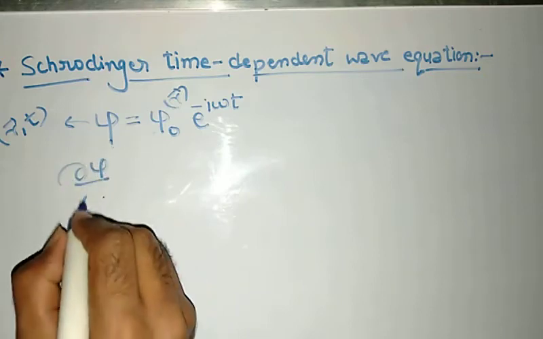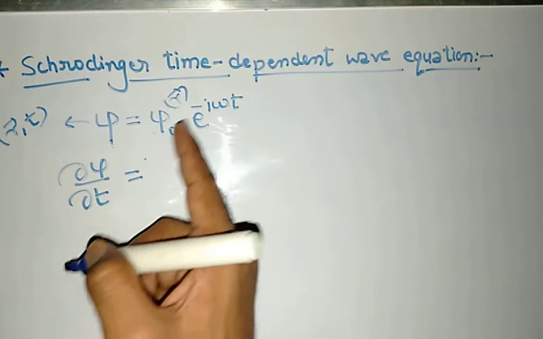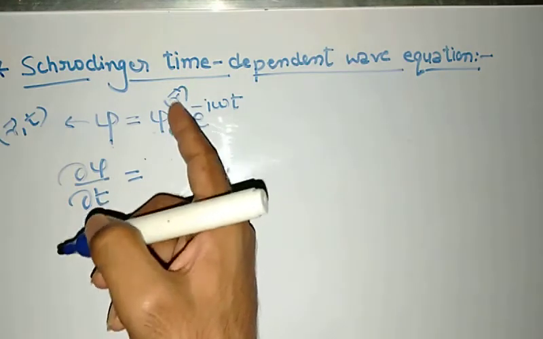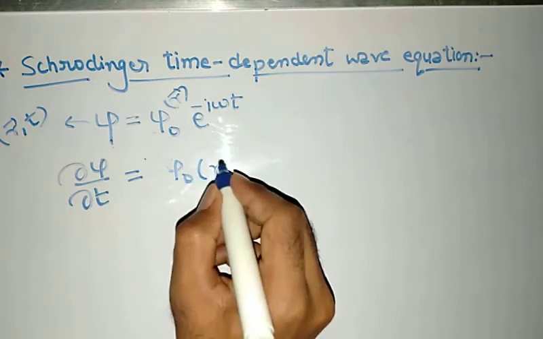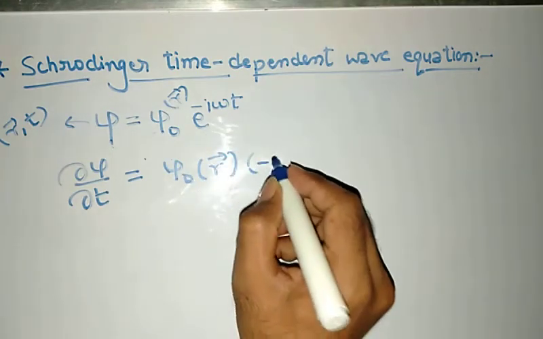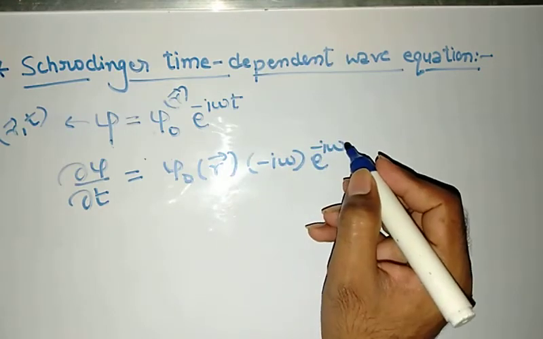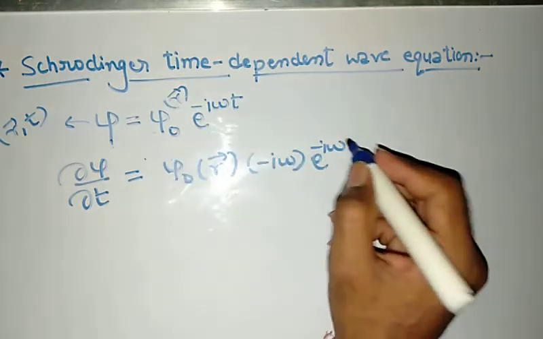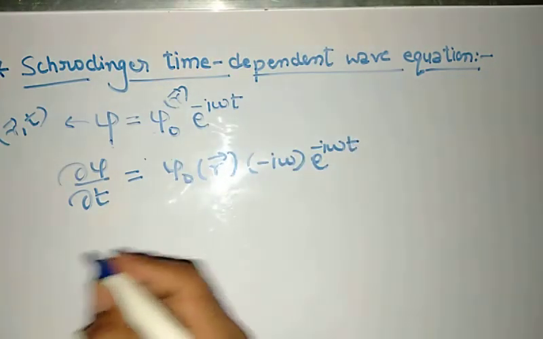Now we will differentiate it. After differentiating, since psi naught depends on only position vector r, we will treat it as constant. Exactly according to d by dx of e power minus ax, this will be minus i omega and the exponential factor e power minus i omega t.